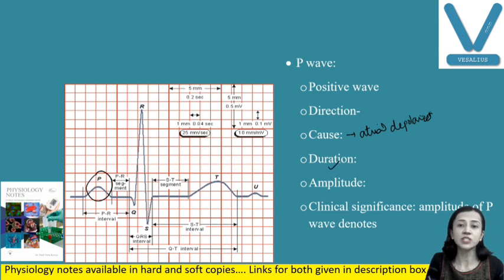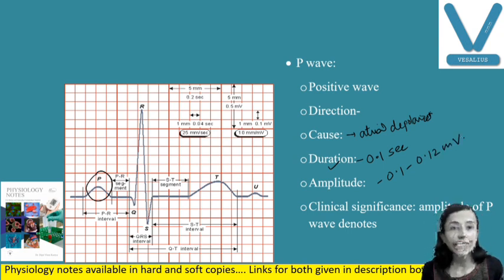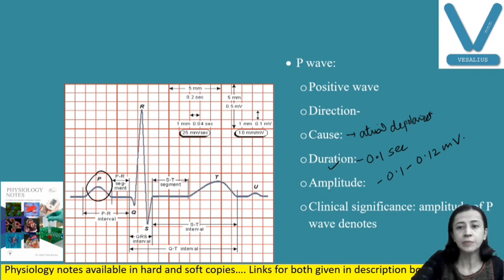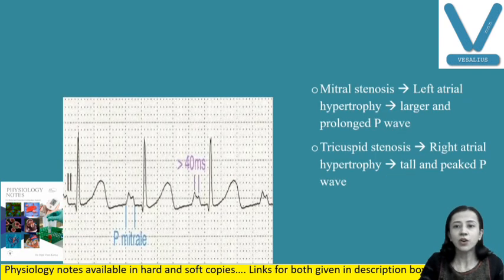Try to remember all these durations and amplitudes. Duration of P wave is about 0.1 second, and amplitude is about 0.1 to 0.12 millivolt. Okay, what is the clinical significance of P wave? Amplitude of the P wave denotes functional activity of atrial muscle.